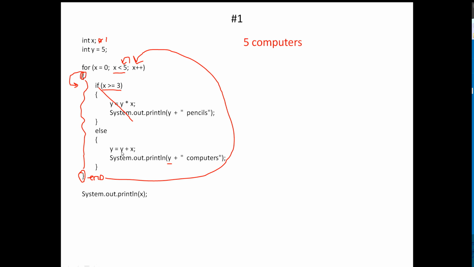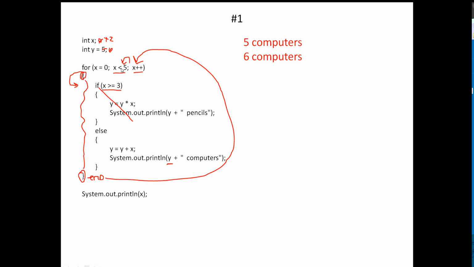The else says to add y and x together, and so we get 6. And we print 6 computers. Then we're at the end of the loop, and so we go back to the for, and we do the increment, so x is equal to 2.